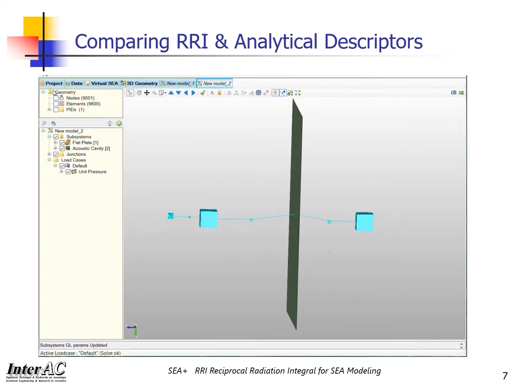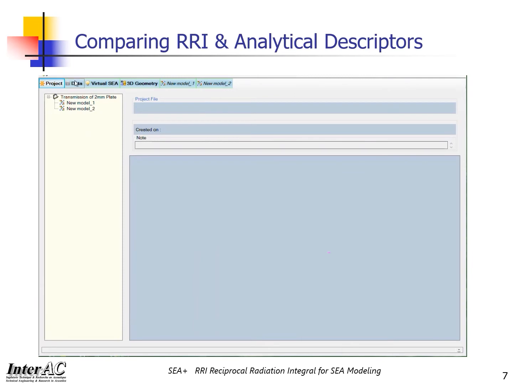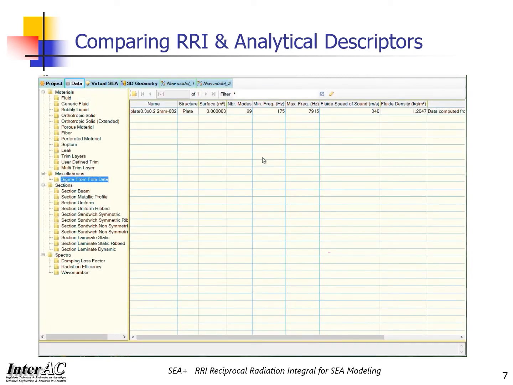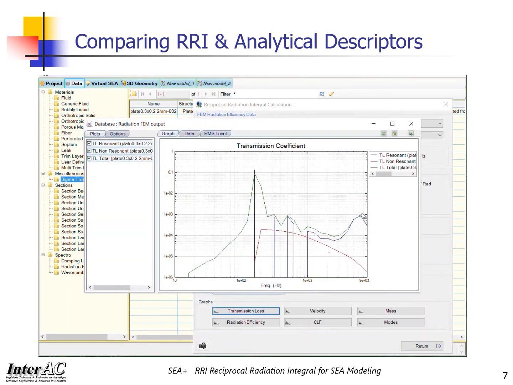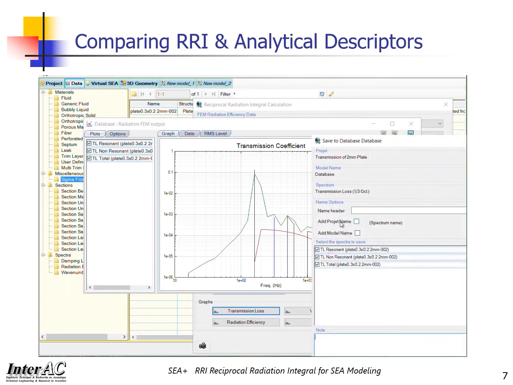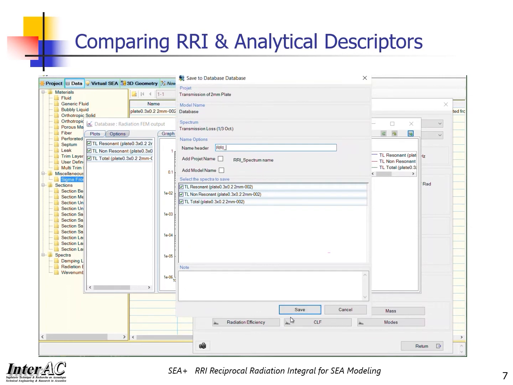So I need to go back to RRI and export everything I need for hybridization first. The first thing I have to do is to compute RRI, edit the transmission loss, and send this transmission loss to the database with the header RRI, in order not to be mistaken. Dialog box is here.